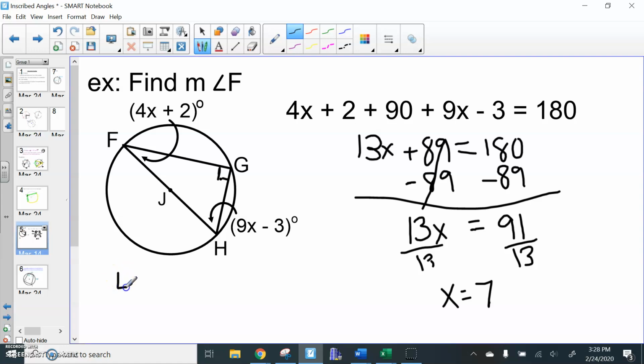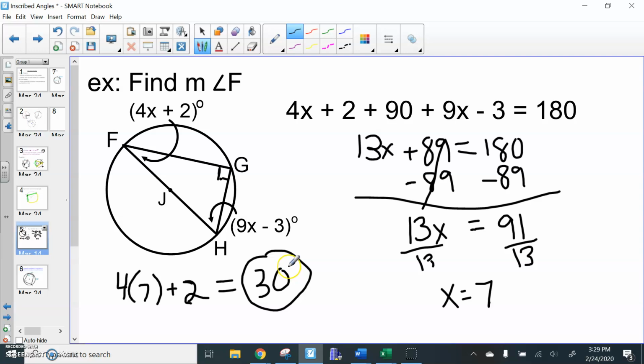So 4 times 7 plus 2. Well, 4 times 7 is 28. 28 plus 2 is 30. Okay, so that's my answer, 30 degrees. That's the measure of angle F.